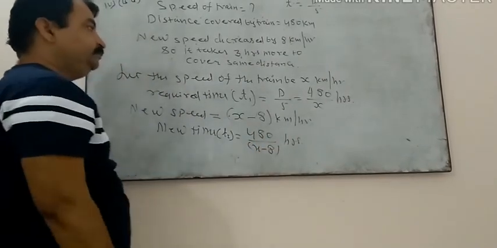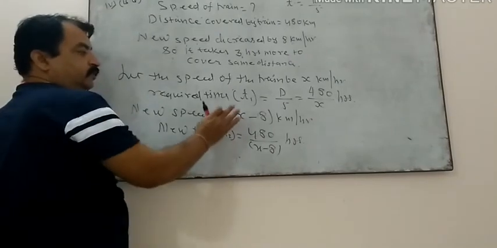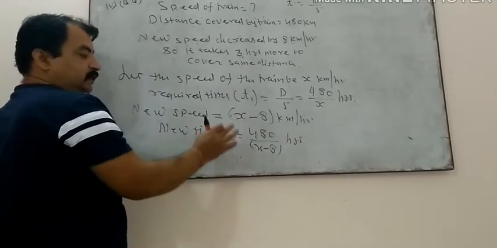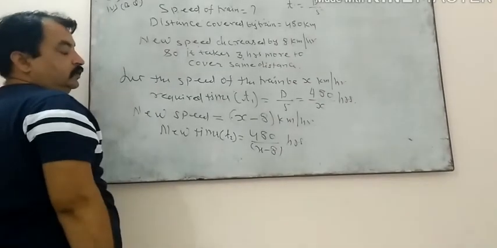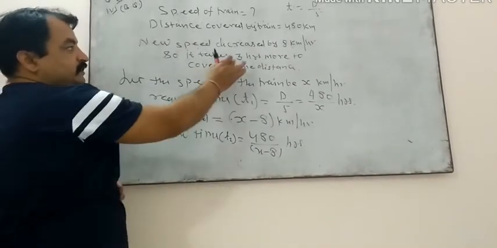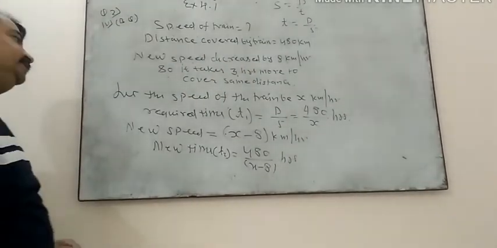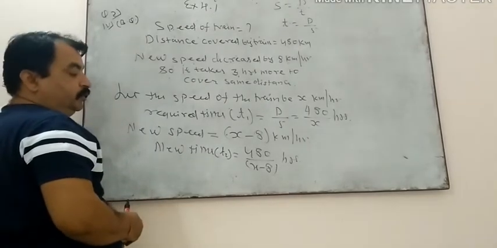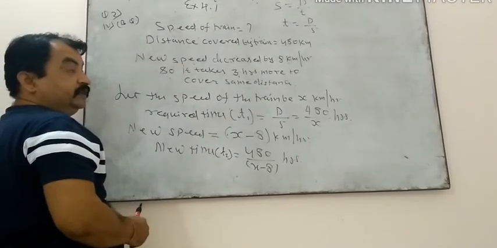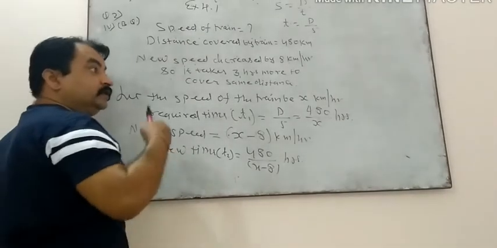So see, children, by the discussion we got the time T1 for the first condition and the time T2 for the second condition. Okay. Now, the time difference is given 3 hours, right? So, in which condition the train will take more time? Definitely when the speed of train will be less, then it will take more time.